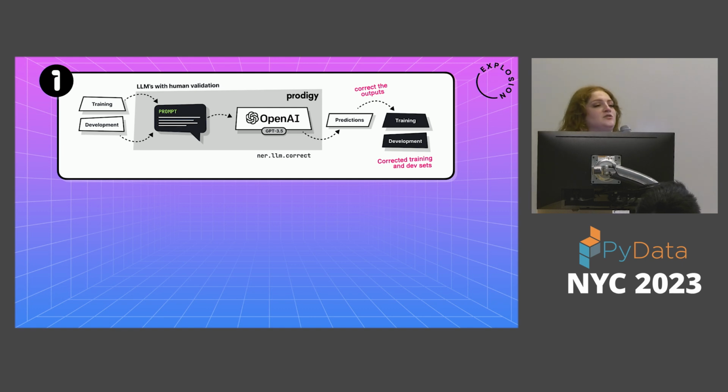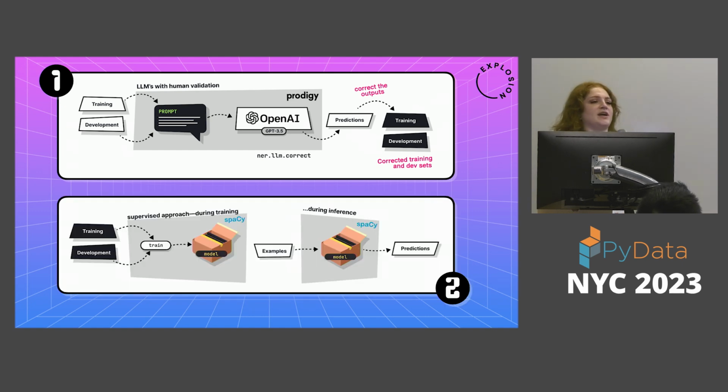We're going to use the predictions to help us create data, correct all the mistakes, and then use that data to train a supervised BERT-sized model that's smaller, more efficient, that you can run on your modern laptop these days almost, or on a single machine. And then during inference, we'll have this spaCy model that hopefully should perform as good or maybe even better.